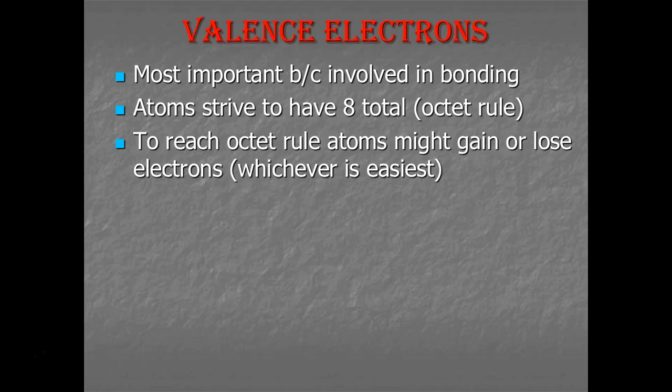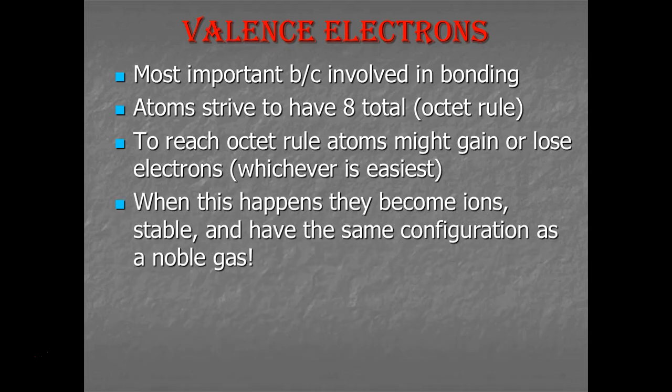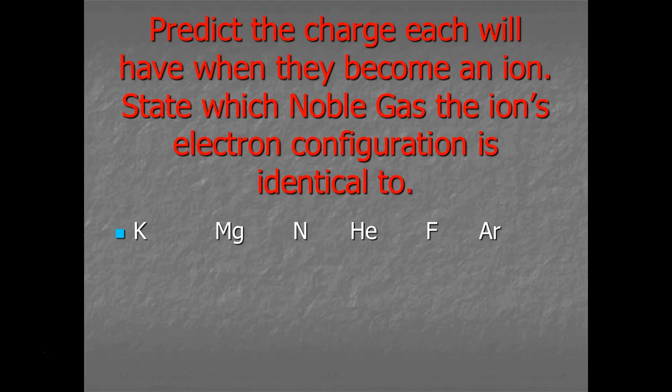They're going to either lose electrons or gain electrons, whichever is easiest, to try and become like a noble gas. Remember, if we're losing or gaining electrons, we become ions. Ions are charged atoms, and when it takes on that ionic state, it's going to have the same number of electrons as a noble gas, which makes it stabler than it would be in its neutral form.